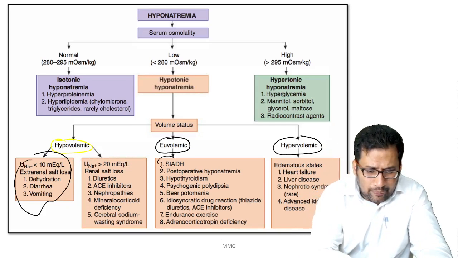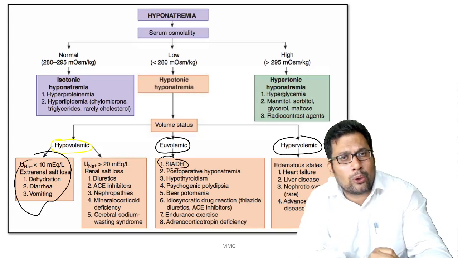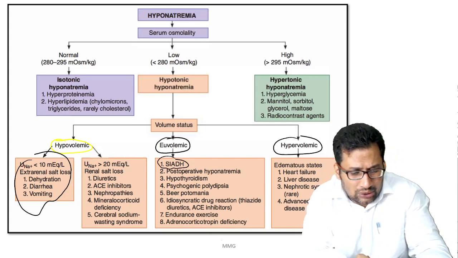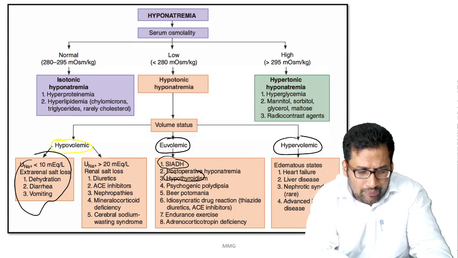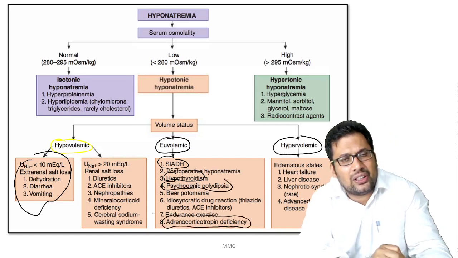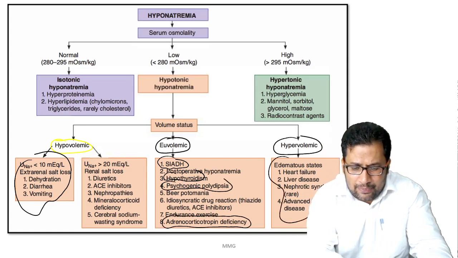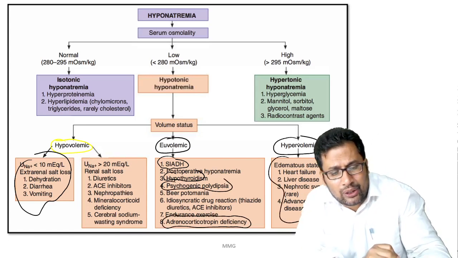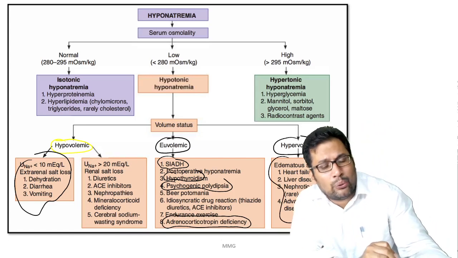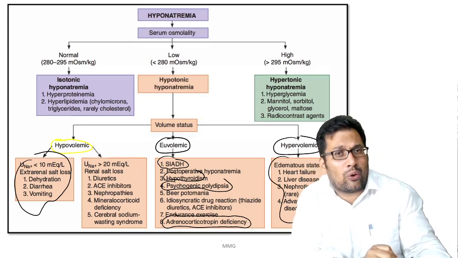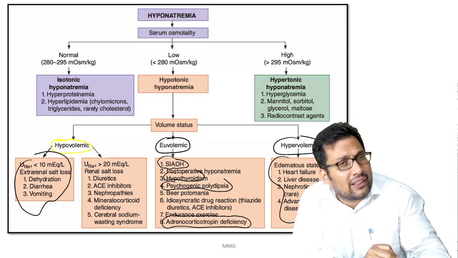Euvolemic examples: syndrome of inappropriate secretion of antidiuretic hormone, hypothyroidism, psychogenic polydipsia, adrenocorticotropin deficiency. Sometimes there can be hypervolemic hyponatremia due to heart failure, liver disease, nephrotic syndrome, advanced kidney disease.